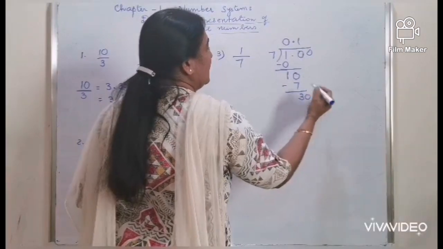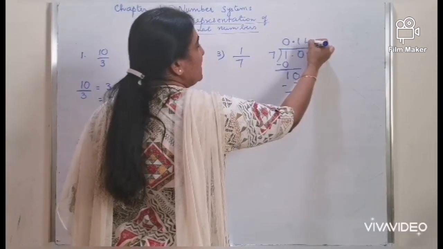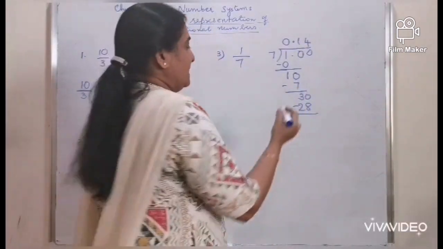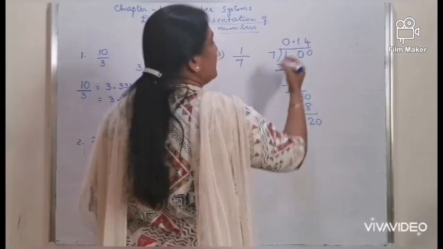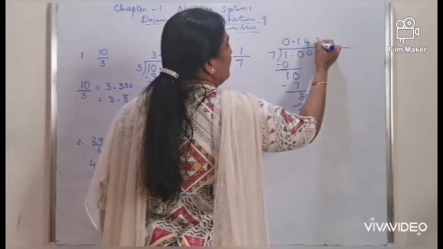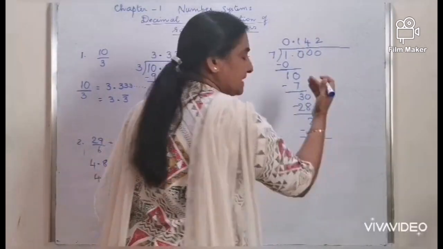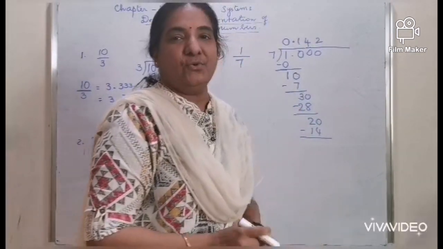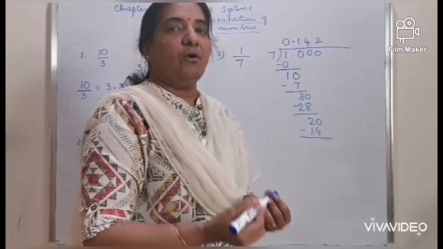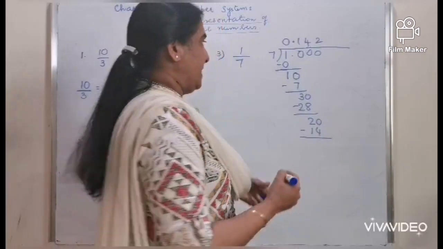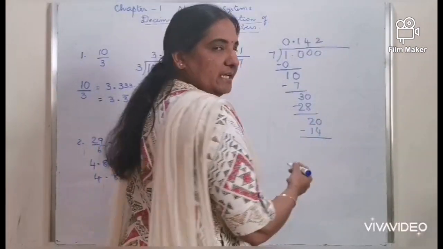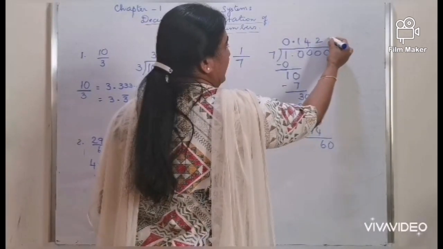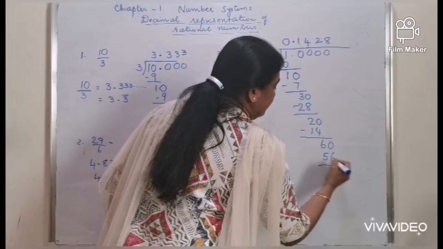The next digit 30. 7 4s are 28. Subtracting, 2, then 20. 7 2s are 14. We are checking whether it is going to terminate or continue, or how far the digits are continuing. Then 60. 7 8s are 56.